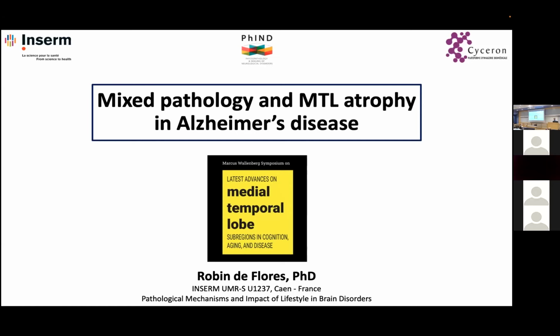Would it theoretically be possible with that data set to go into more fine-grained local relationships? Yeah, I think it's something that could be done using digital histology, for example, where you can have a more specific and more quantitative measure in specific regions. The future. Thanks.